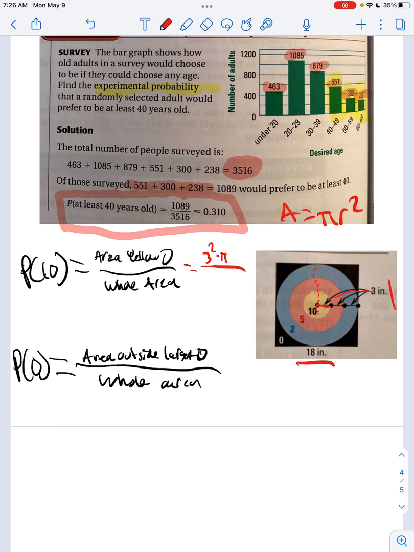So my radius is 9, which means the diameter is 18. So I'm going to do 18 times 18, which is 18 squared. So this is 9 pi over 18 times 18, which is 324. You can simplify 9 over 324, and it just gives us pi over 36, which is about 0.0873.